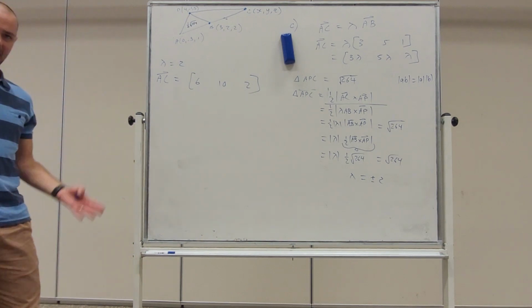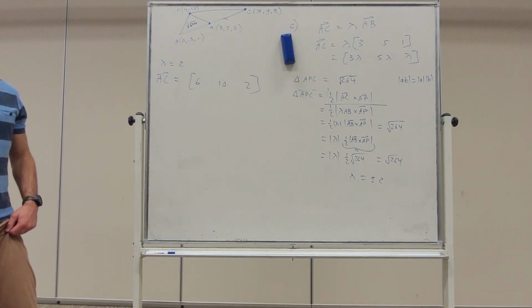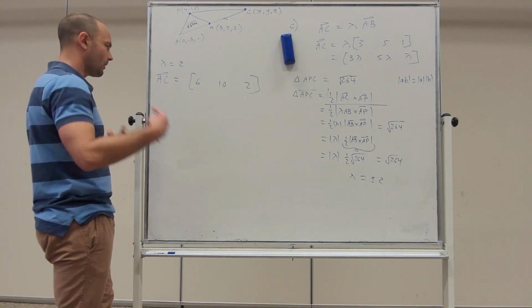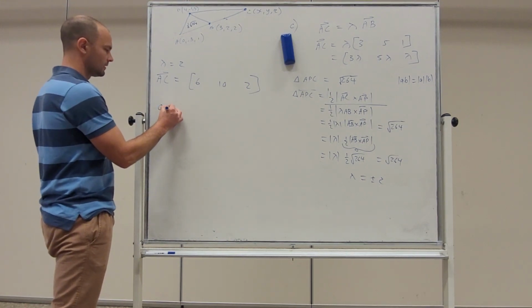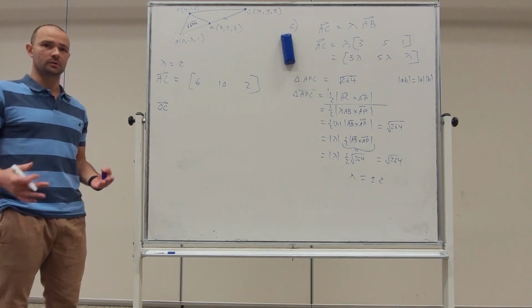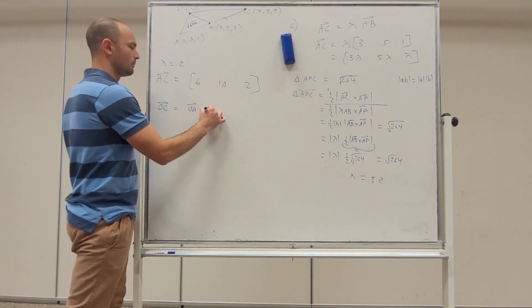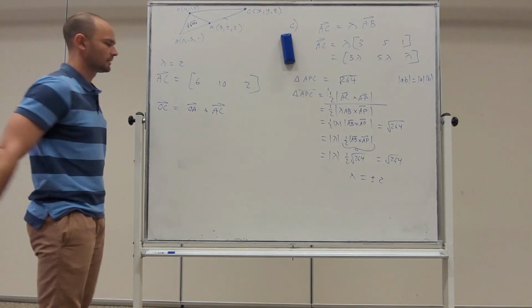We have vector AC. Okay, we're going back to like 5A and 5B. How do we find the coordinates of C? All right, we need vector OC. Vector OC is equal to vector OA plus AC.